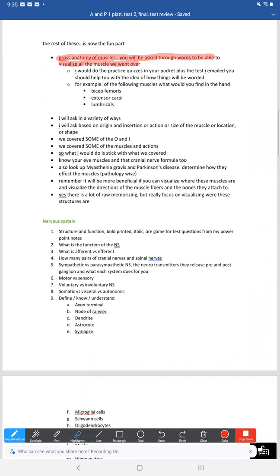You can type it in on the internet or in that 3D app. There's a way to type in the muscle to get it to pull up right away. Or in your book, you could kind of go old school and look at the index, and it'll tell you the page number where those muscles are found.